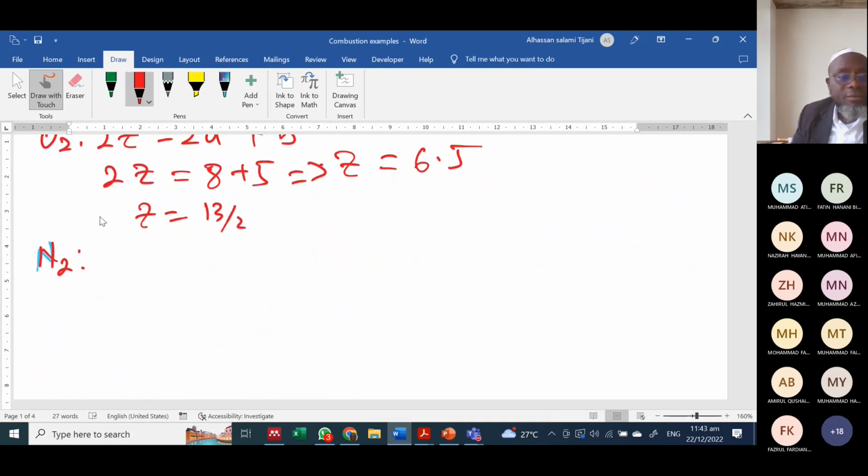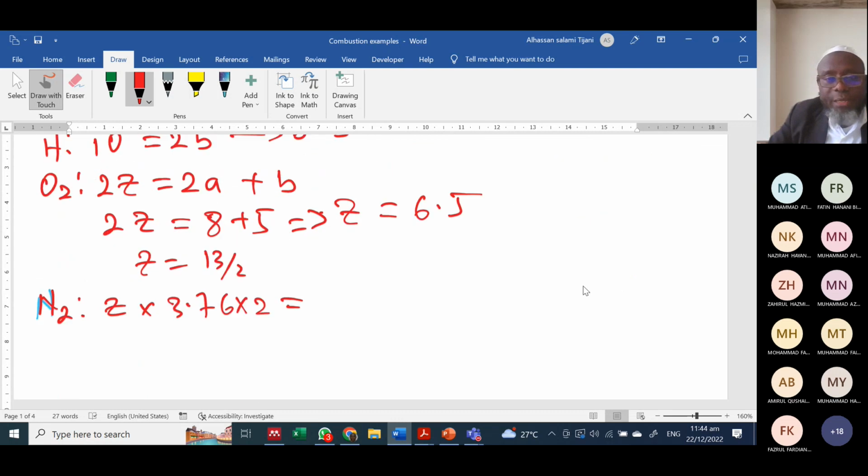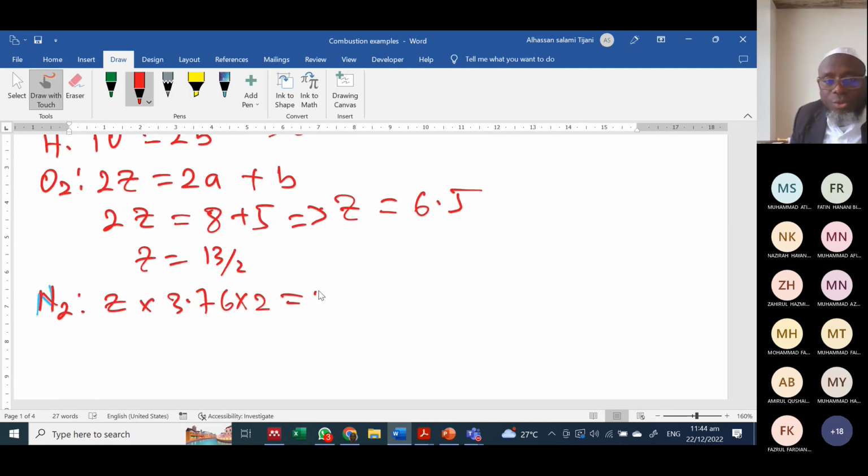And we know Z is 6.5. So we have Z times 3.76 times 2 equals 2Y. You understand? Equals 2 times Y.